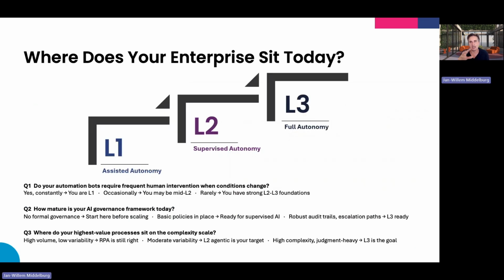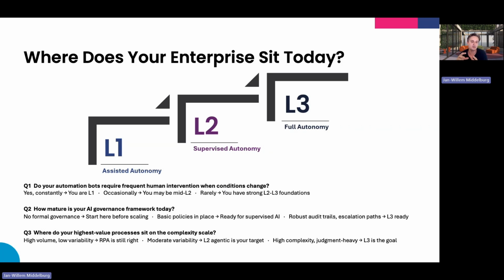So in order to understand for yourself where you sit today, think about it this way. I've listed 3 questions here on the slide, and based on that, you can basically determine for yourself where you are. First question is, do your automation bots require frequent human interventions when conditions change? If the answer still is yes, then you're generally at the assisted autonomy level.